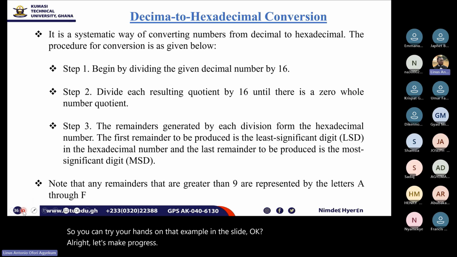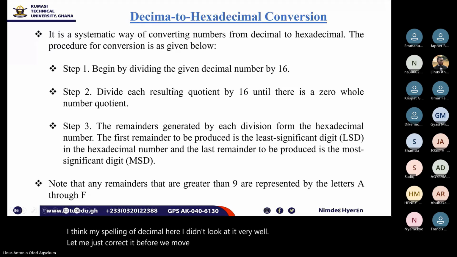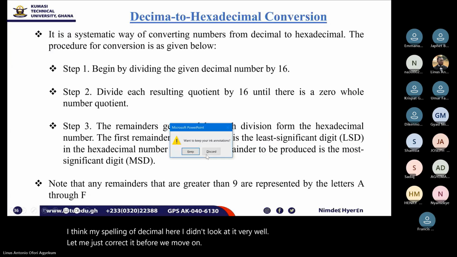I think my spelling of decimal here, I didn't look at it very well. Let me just correct it before we move on. Give me 1 second.